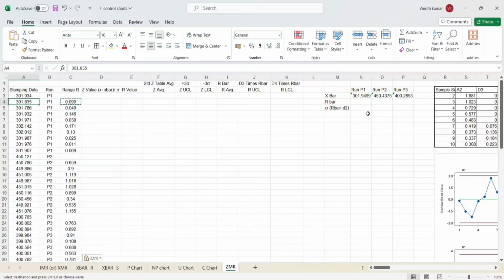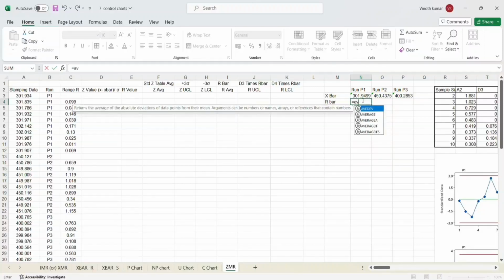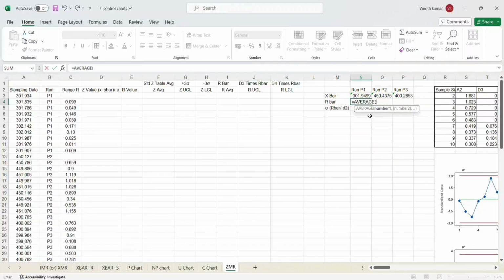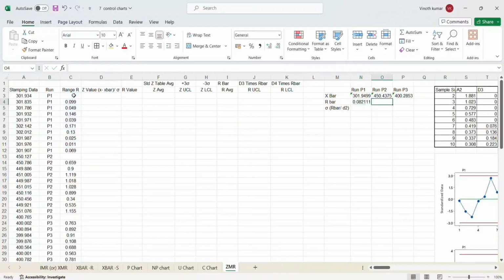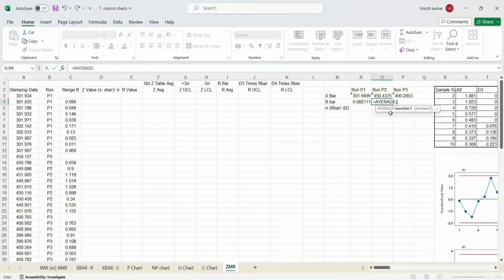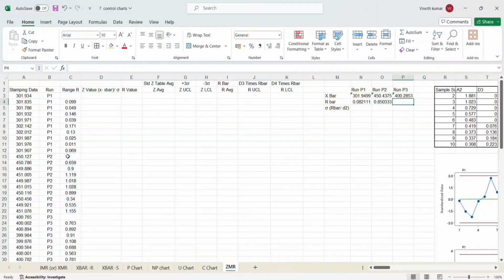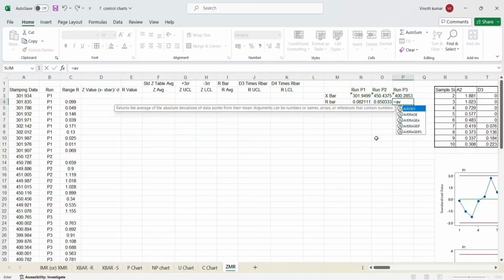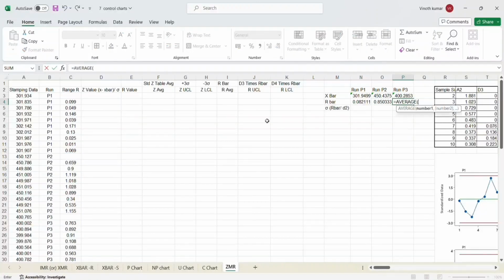So for average of moving range is equal to average, and I can select these data points, and similarly I can say is equal to average and select these data points, and here I can say is equal to average and I can select these data points.